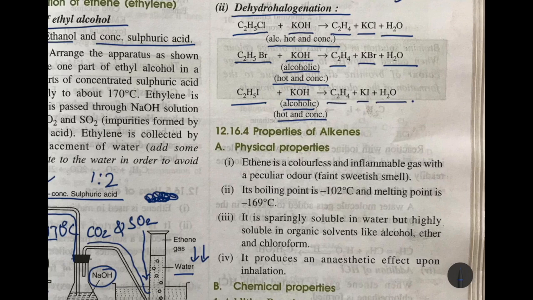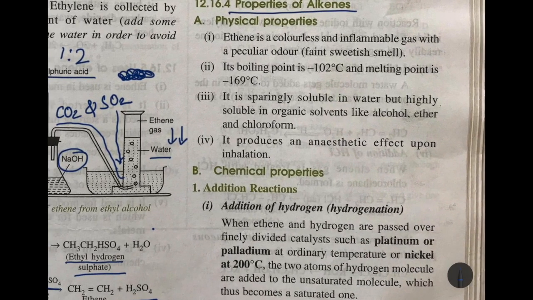Now moving on to the properties of alkenes, the physical properties. It is a colorless and inflammable gas with a faint sweetish smell. Its boiling point is minus 102 degrees Celsius and melting point is minus 169 degrees Celsius. It is sparingly soluble. Sparingly means very less.